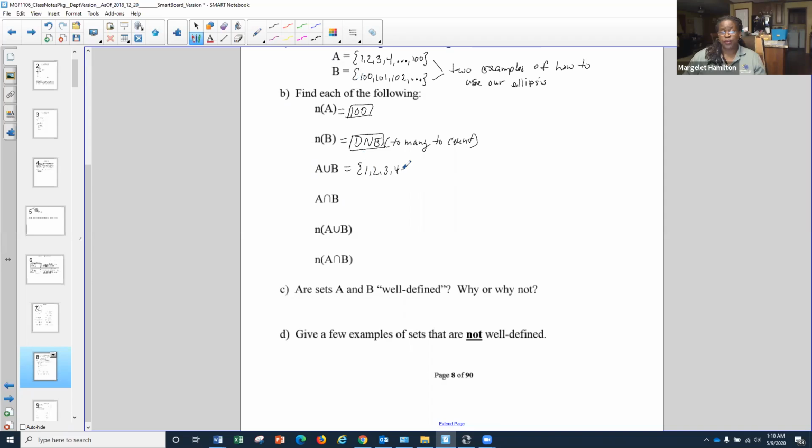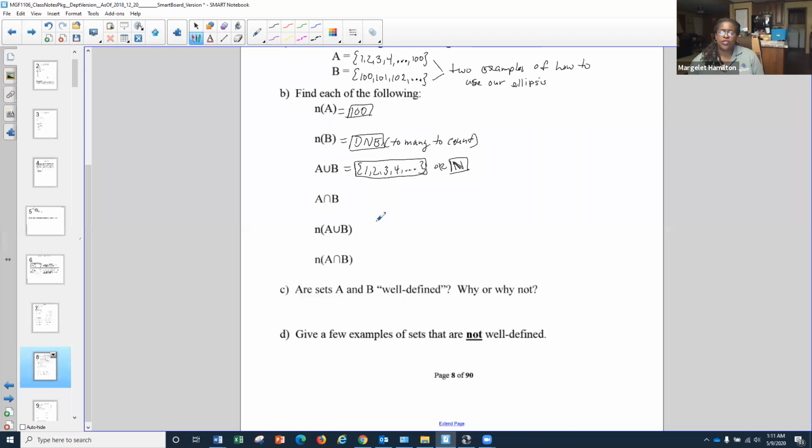So now, can I just put my ellipse and close it up? Wait a minute. Isn't that our natural numbers set right there? Or you could just write the double-struck N representing our natural numbers. You could also spell out natural numbers as well. If you want, you can use this as the symbol. So it's our natural numbers.